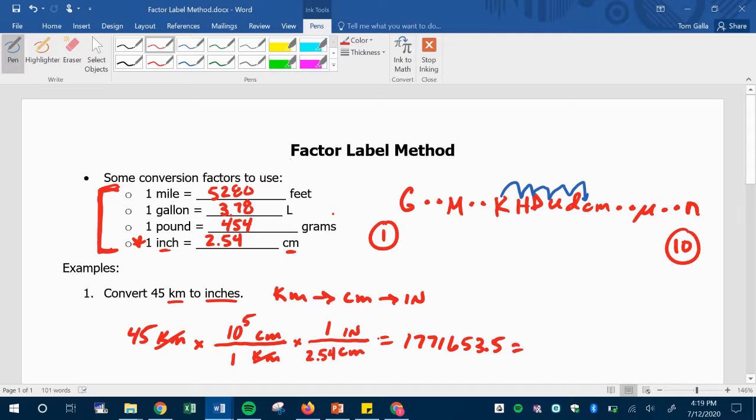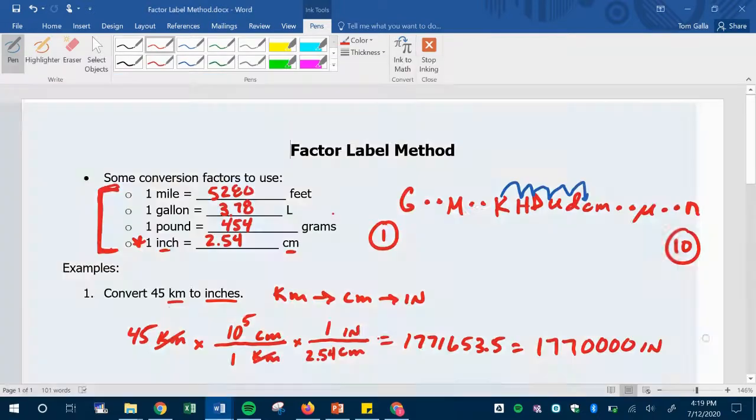And for today, we're just going to say we're going to round to 3 sig figs for all of our questions. And so if we're rounding to 3 sig figs, that means that we're going to keep the 1, the 7, and the 7. And then the rest of these are going to end up being zeros. So we're going to call this 177, and then 1, 2, 3, 4 zeros. And this is inches.